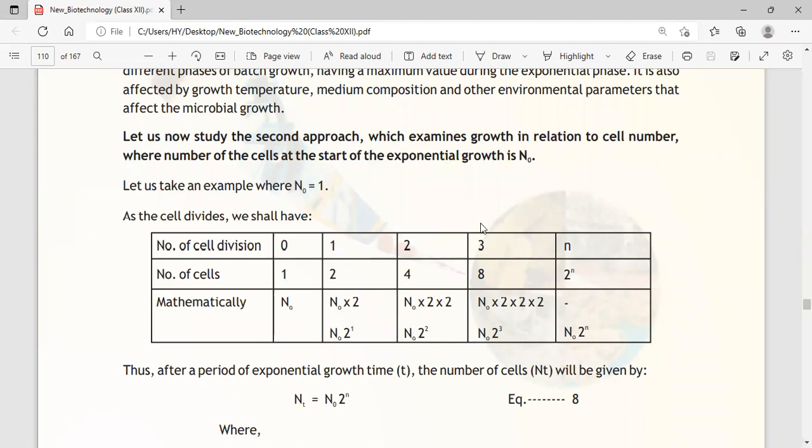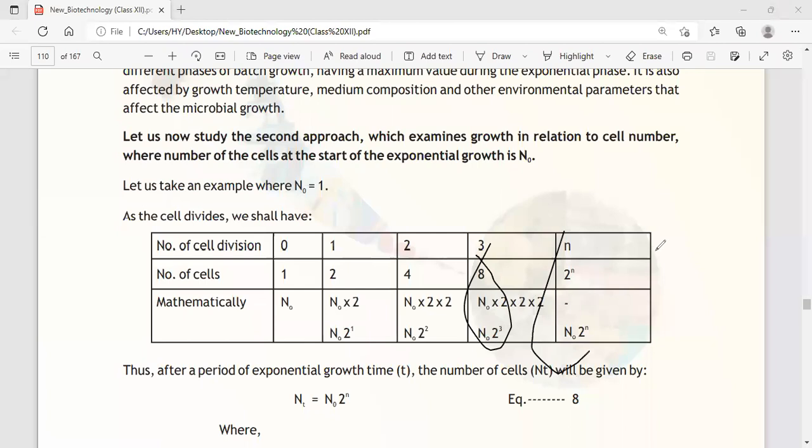Here the second division is occurring, so N0 into 2 to the power 2, that means 4 cells will come. When the third division is occurring, that means n is equal to 3, so N0 into 2 to the power 3, that is 8 cells will be there.